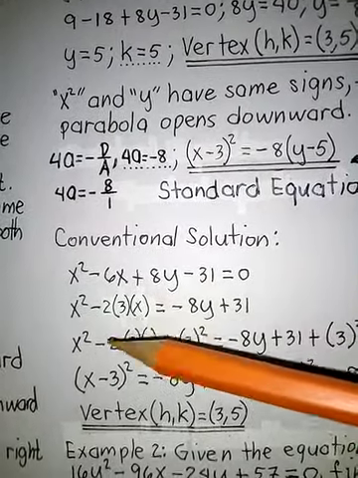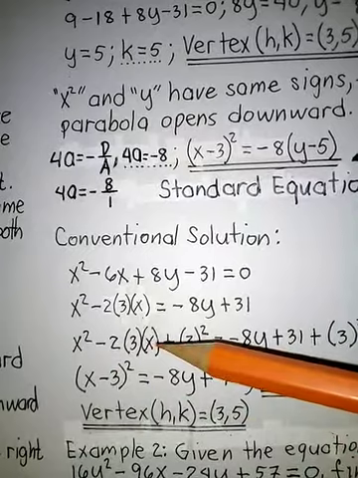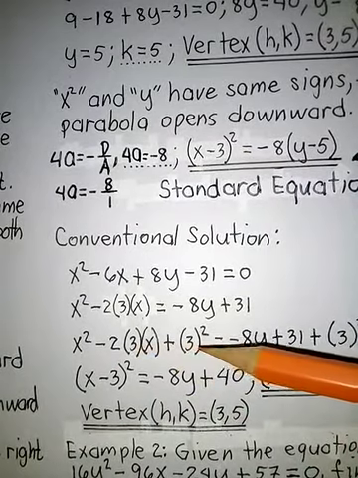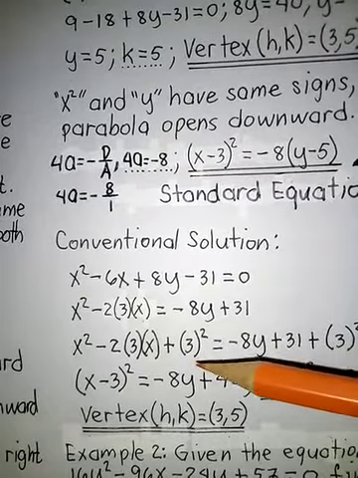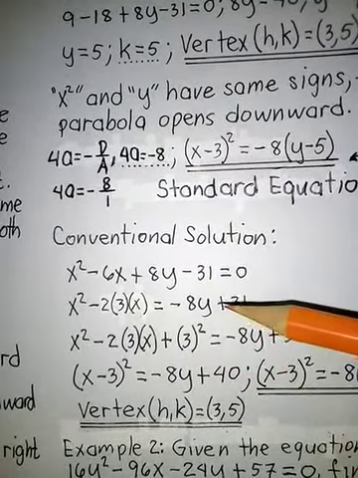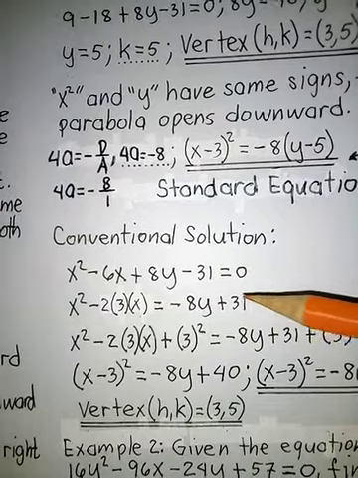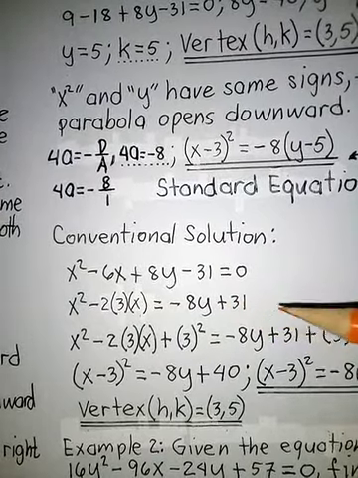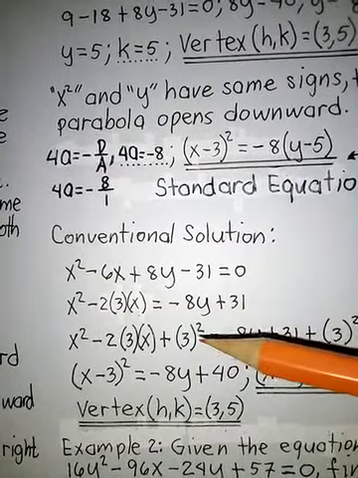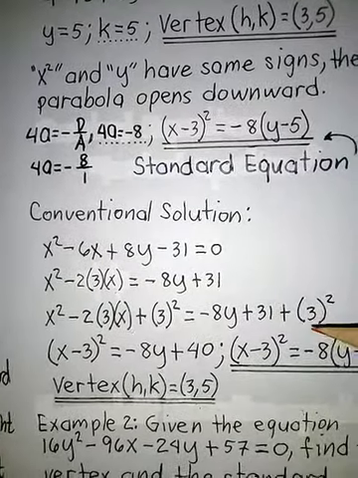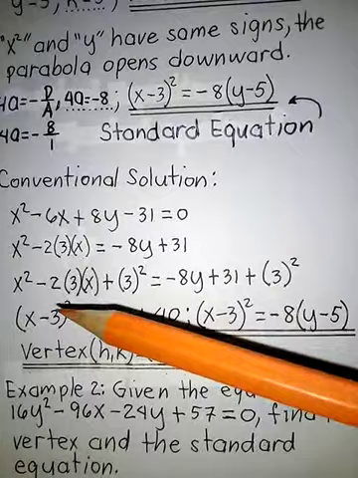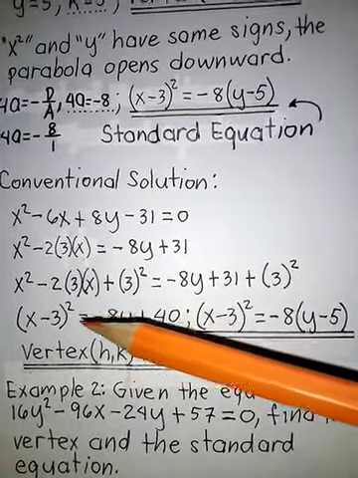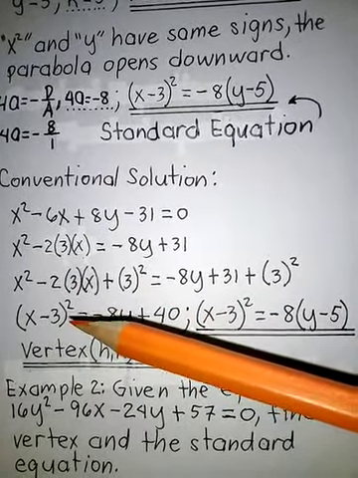Here we have x squared, we have x, and then we have 3. So we must add 3 squared to make this a perfect trinomial square. And also bring down the negative 8y and 31, and we must add also 3 squared to balance the entire equation.